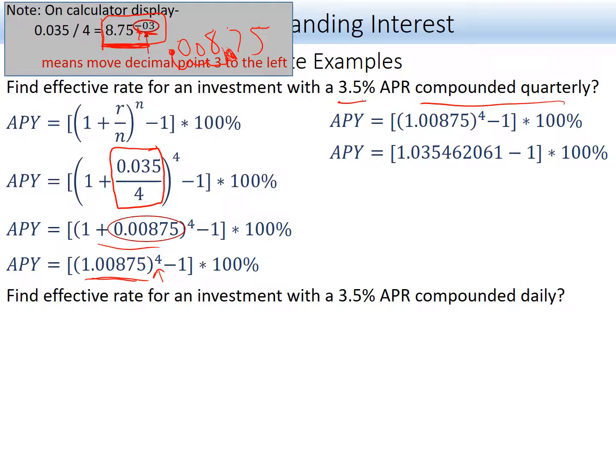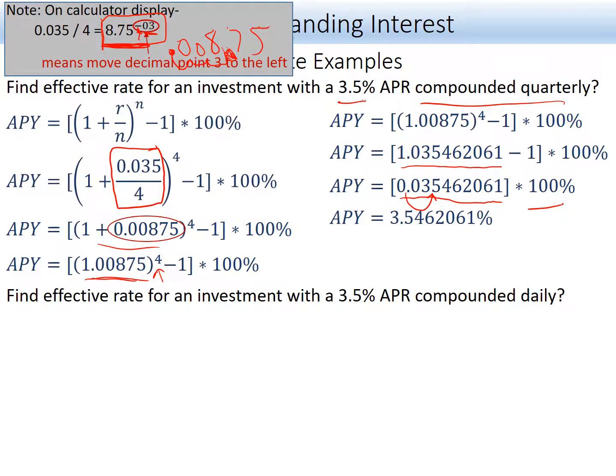That will give you 1.035462061. Subtracting 1 gives you 0.035462061, and then you multiply it by 100%, which has the effect of moving the decimal place 2 places to the right, and that gives you 3.5462061%.